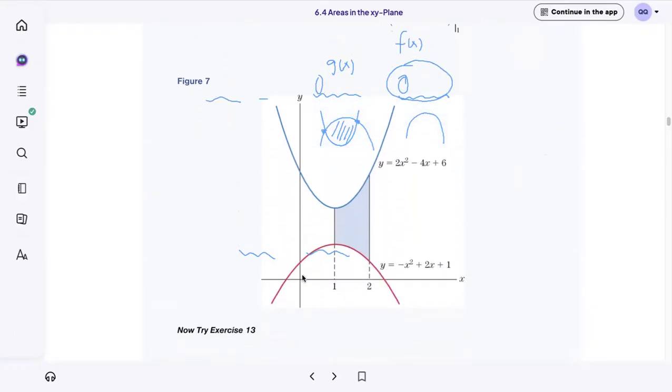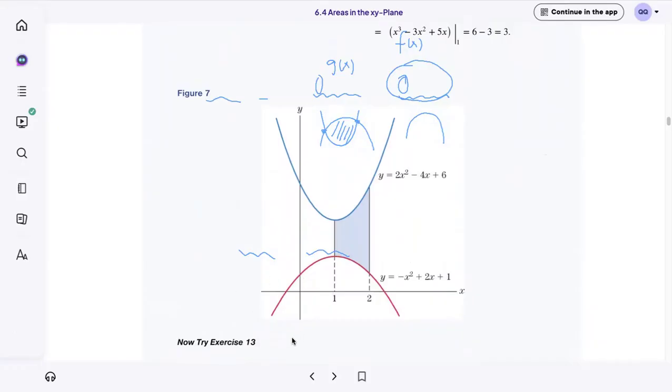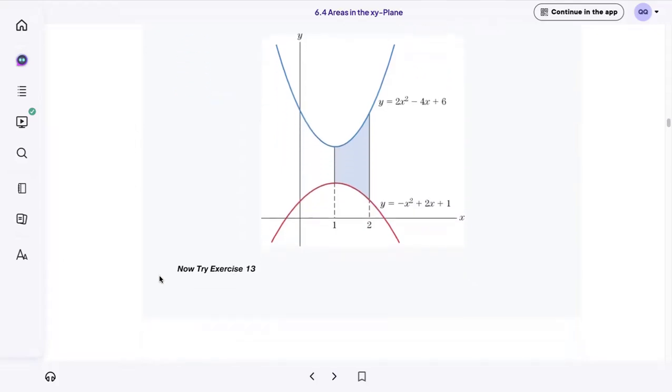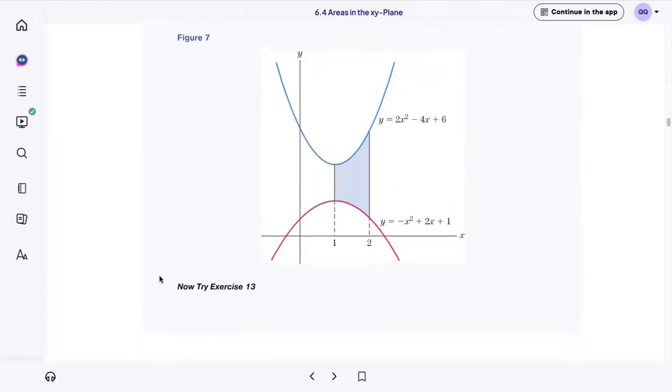Okay. So for this chapter, we need to graph the functions first. So let's see the graph first. The graph of the first one with a positive leading coefficient going this way, the blue color, and with a negative leading coefficient that go this way.